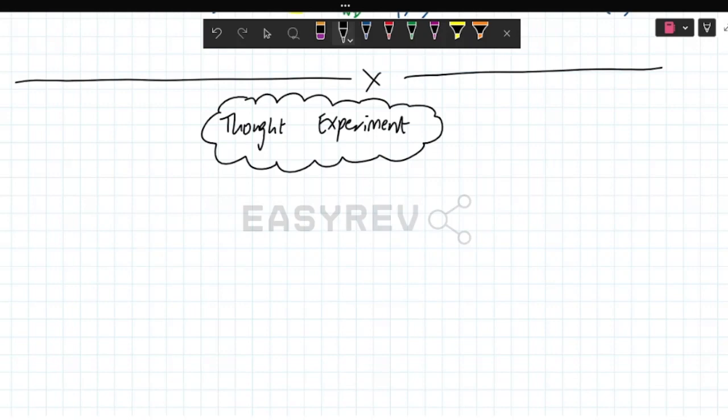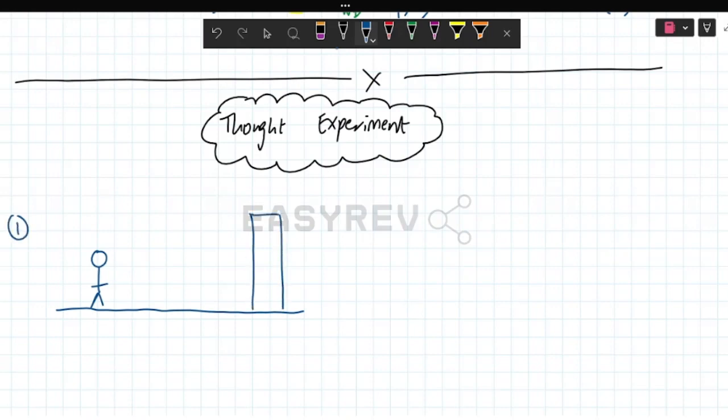Now, suppose you're standing in front of a wall, like so. And in this first scenario, I label it 1. You first throw a tennis ball.